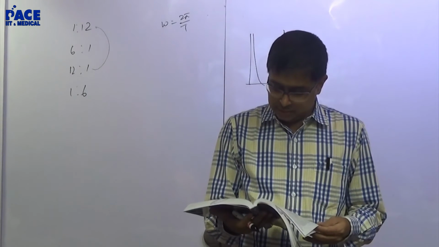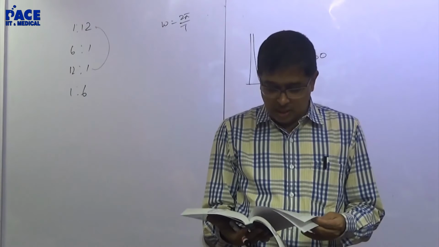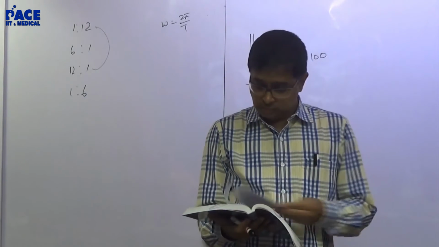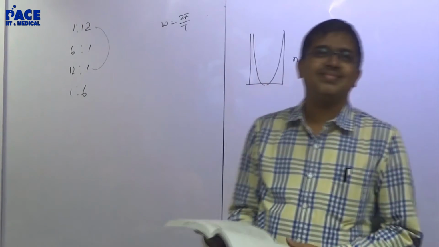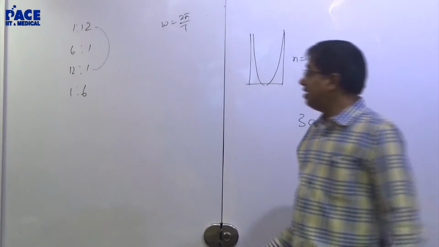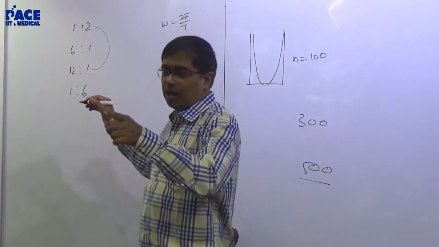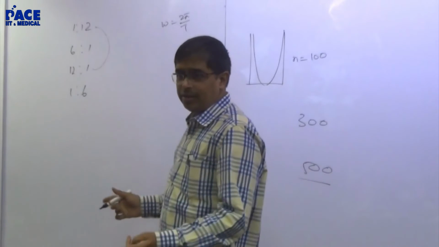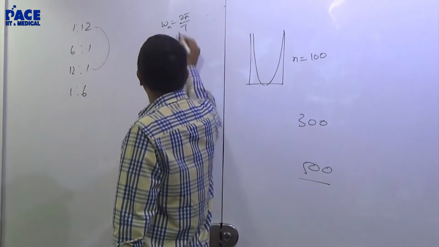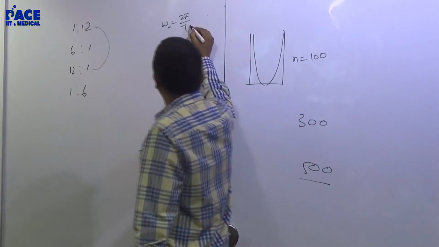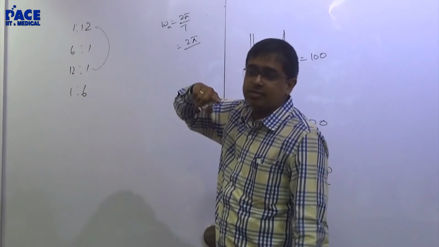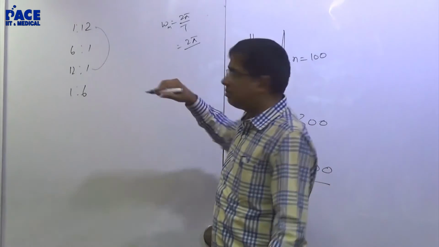Sir. Yeah. Sir. Tell me. 12:1. See. Listen. What was the ratio of minutes hand to hours hand? Suppose minutes hand, this will be 2 pi by, how much time will a minute's hand take to complete one complete circle? 1 hour.